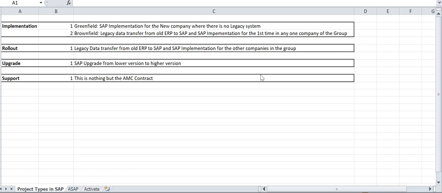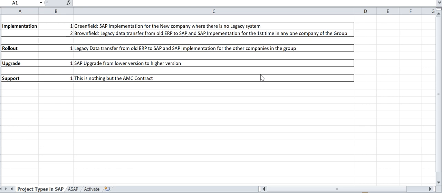SAP keeps on upgrading its software, its ERP, year on year. So if the client prefers to use a higher version of SAP compared to the lower version, as a consultant we must convert their lower version of SAP into the higher version. That is what we call the upgrade project.